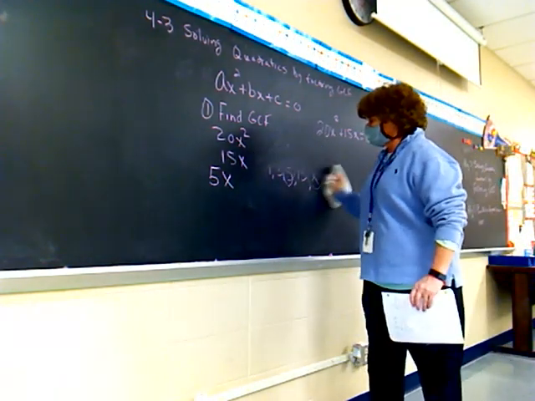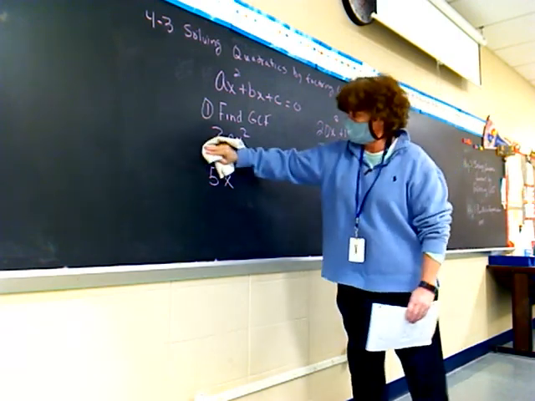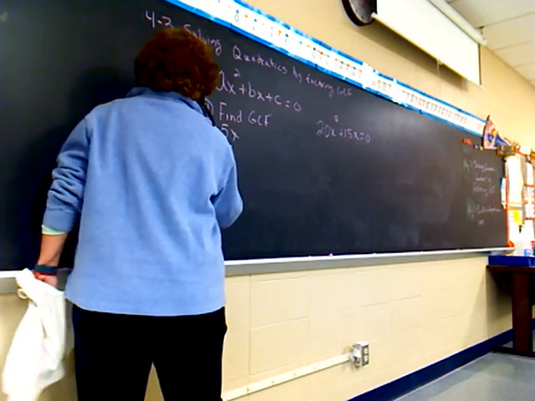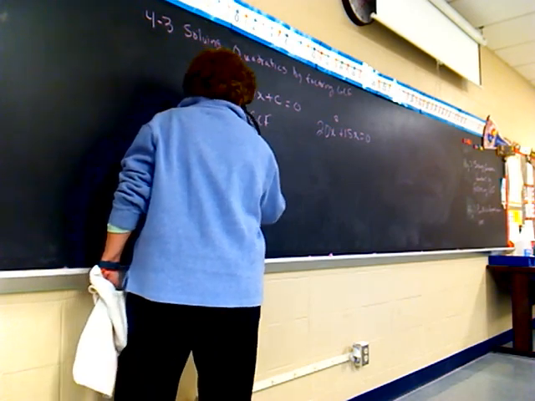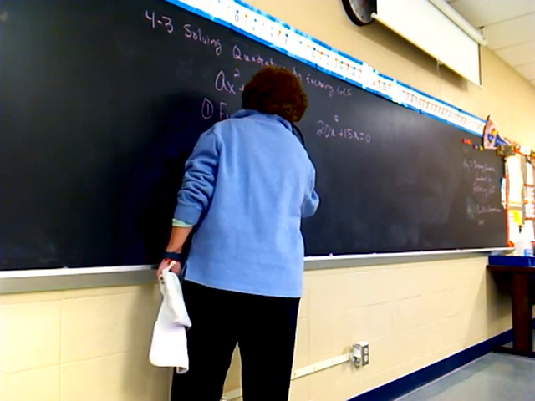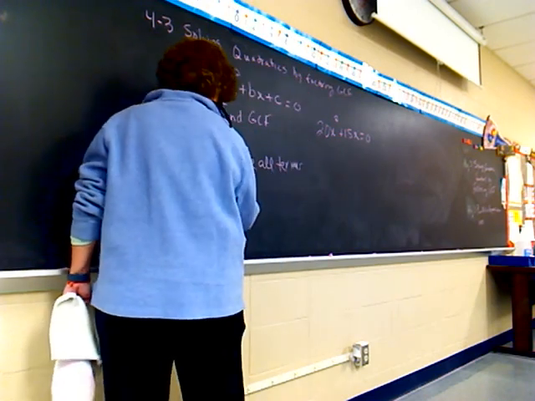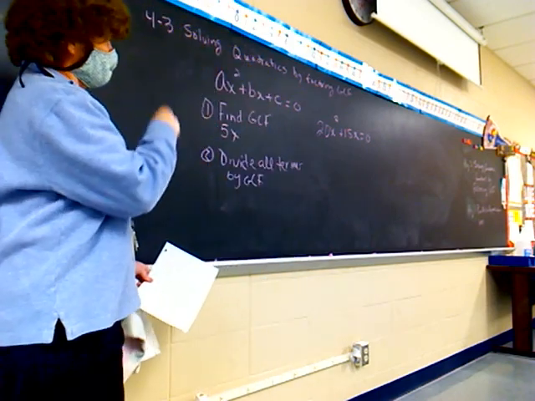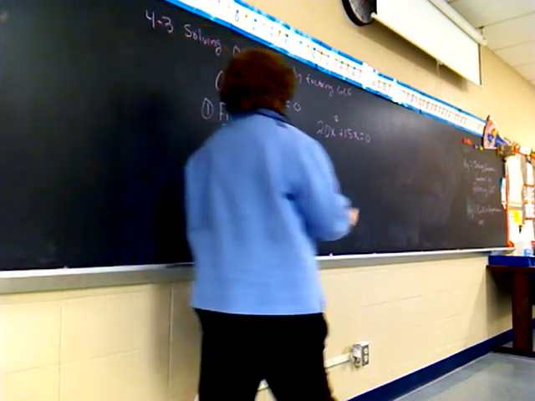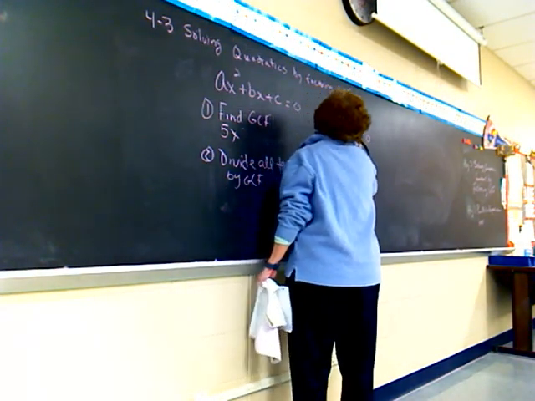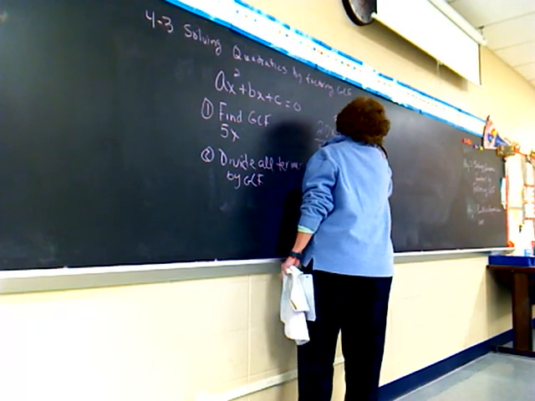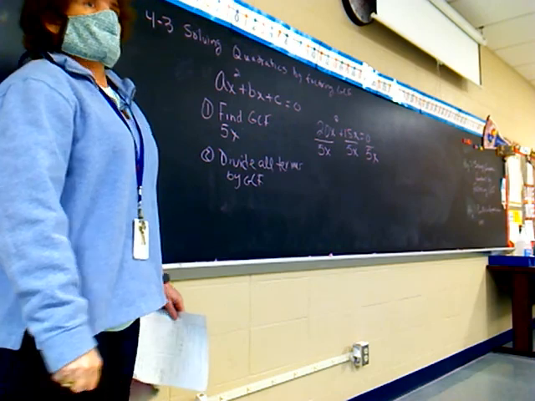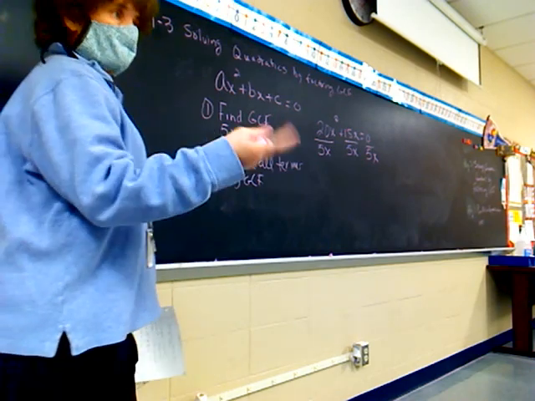Step 2, once you find your greatest common factor, divide all terms by the greatest common factor. So in the second step of this, I'm going to divide all of those terms by 5x. When you are dividing powers that have the same base, you subtract the exponents.